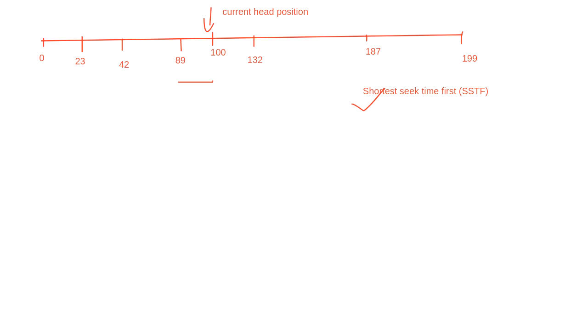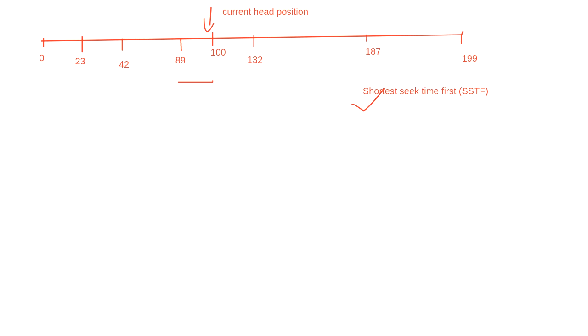So moving from 89 to 132 is 43, but moving from 89 to 42 is how much? Let us check. 89 minus 42 is 47.